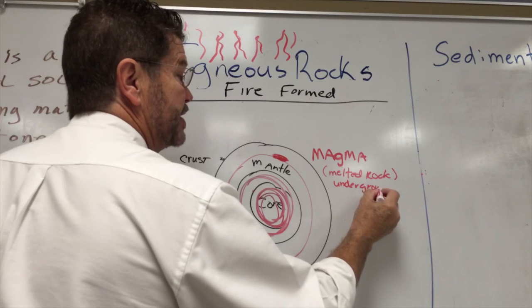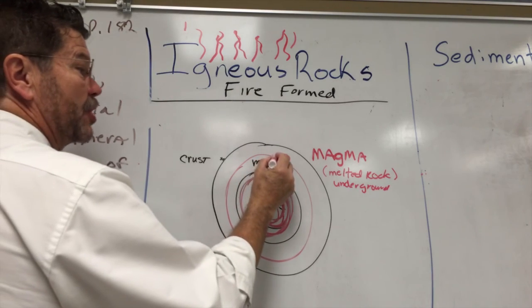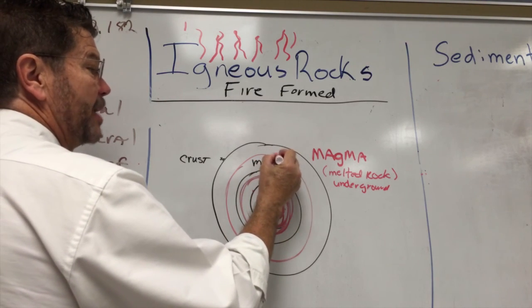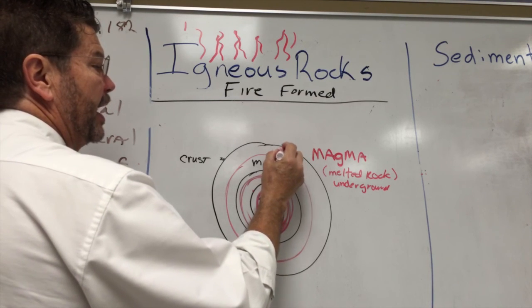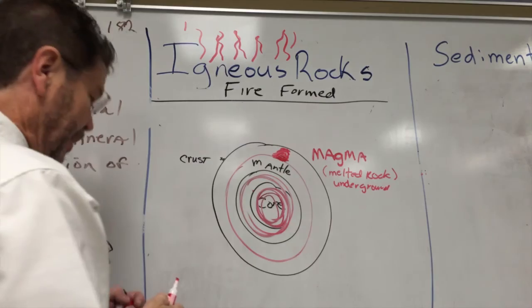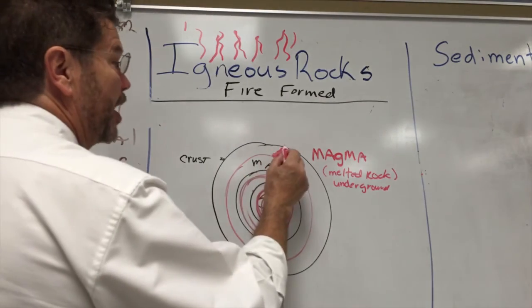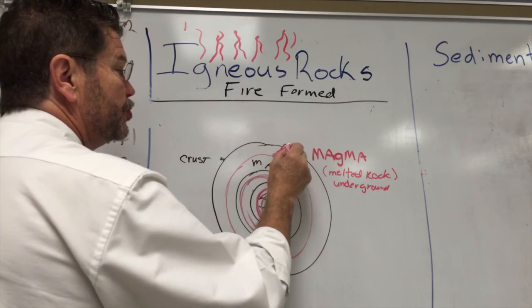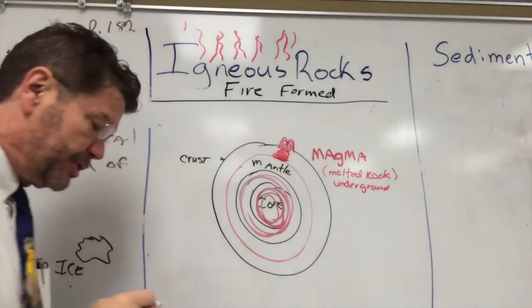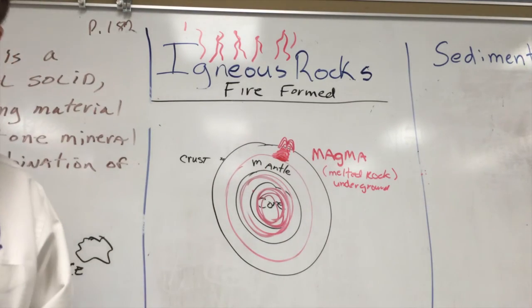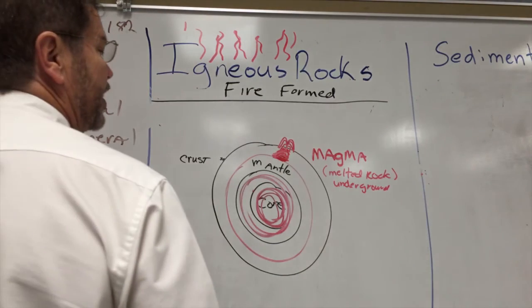And sometimes it does this. Sometimes it starts to push up, and sometimes as it pushes up, it'll make a volcano. It will come up and it will erupt. But here's the cool part, as soon as it comes above the earth, we don't call it magma anymore.